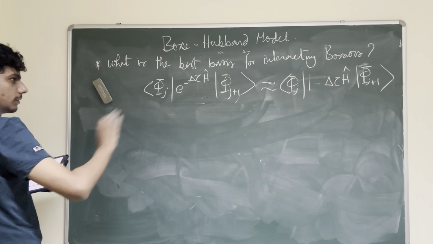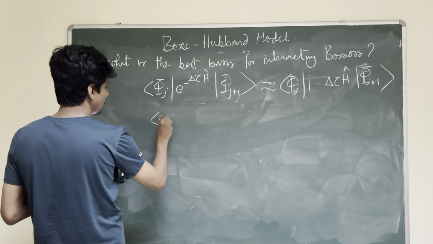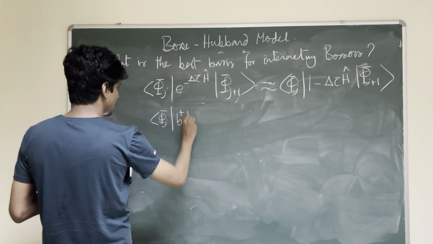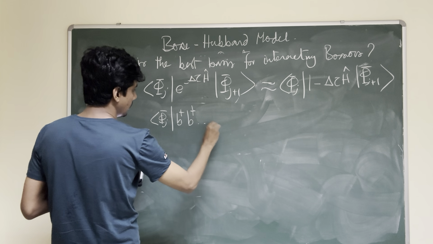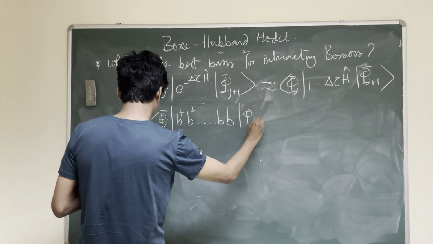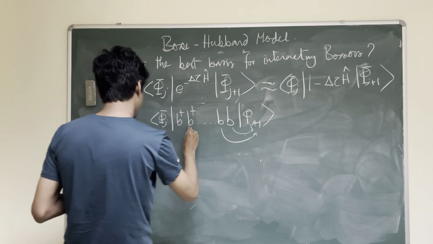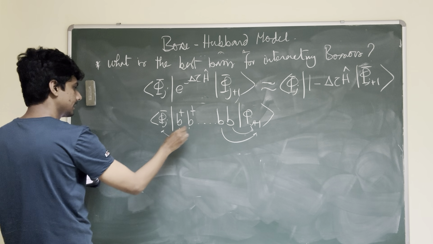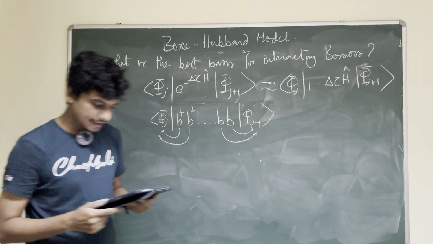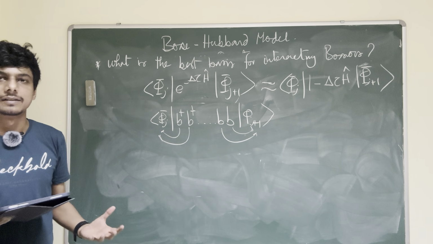So it leads us to the matrix element, which is something phi j, b dagger dot dot b, and phi j plus 1. We operate here and there, and these dagger quantities operate there to annihilate the ground state. So if phi is the eigenstate of B, we can replace B by its eigenvalue.